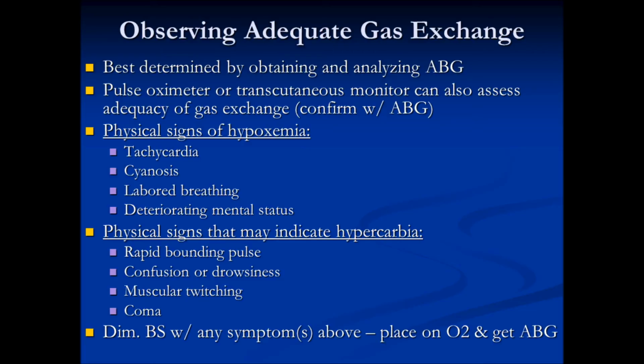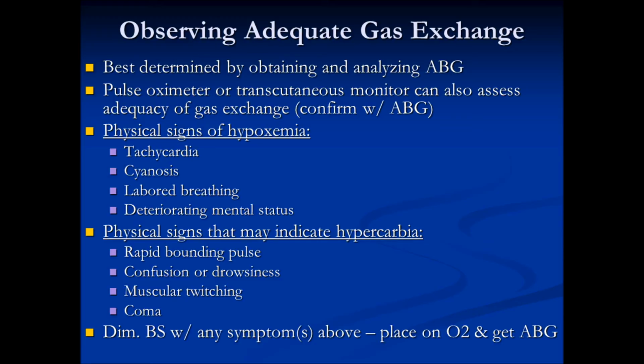Physical signs that may indicate hypercarbia also can tell you that adequate gas exchange is not happening. If your pulse is rapid and bounding, NBRC loves to use rapid bounding pulse to hopefully get you to think about the CO2. Confusion or drowsiness can also be an indicator that the patient has increased CO2 levels.